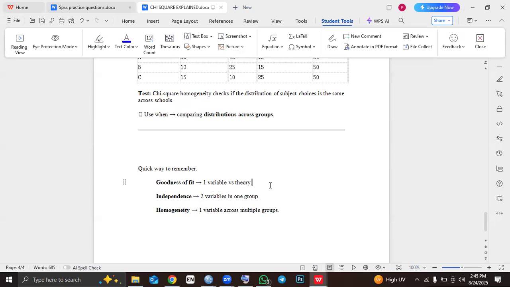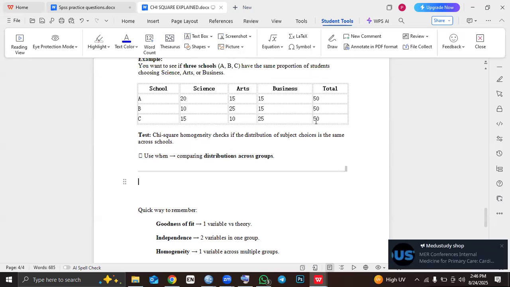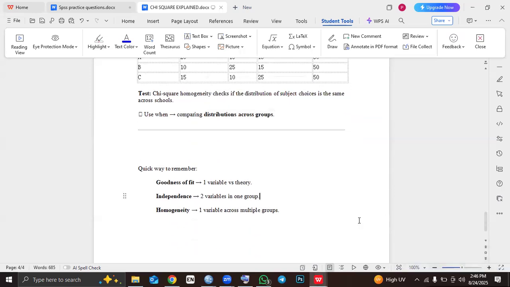The third one is the chi-square test of homogeneity, which is used to compare one variable across multiple groups. For example, if you are trying to compare the proportion of students in 3 different schools choosing a specific course, then we use the chi-square test of homogeneity.